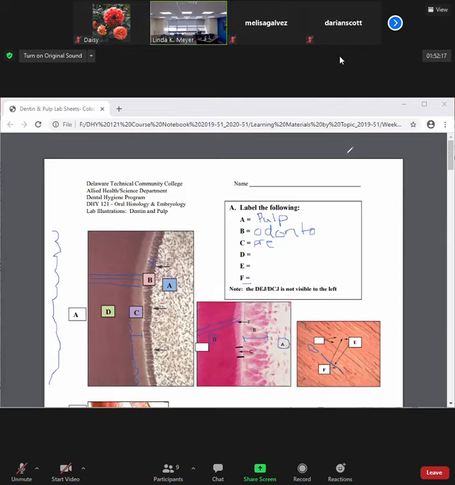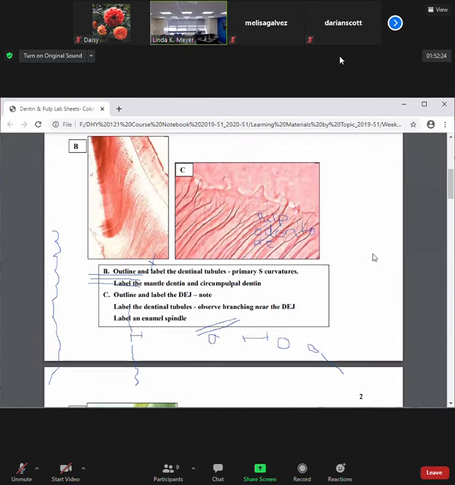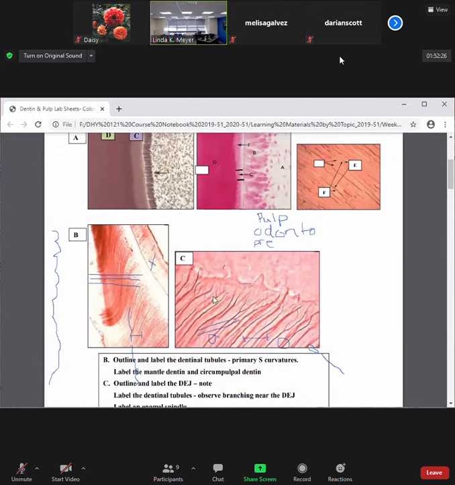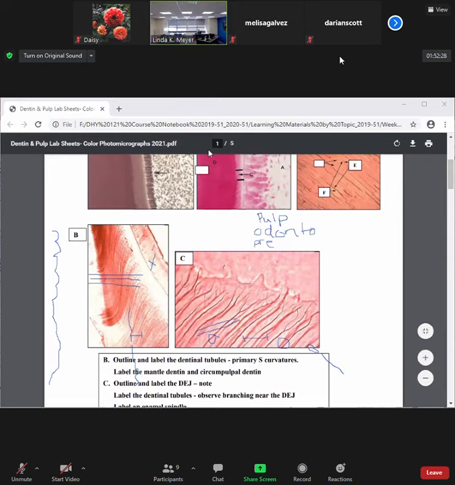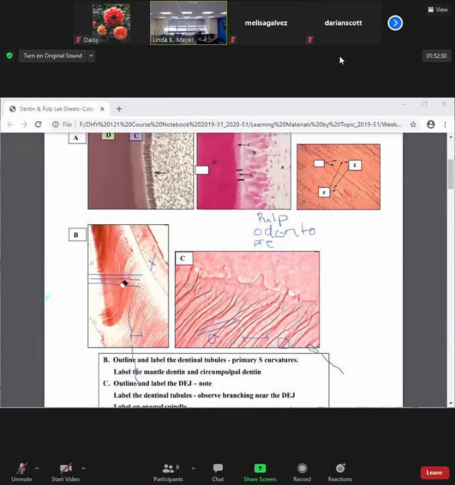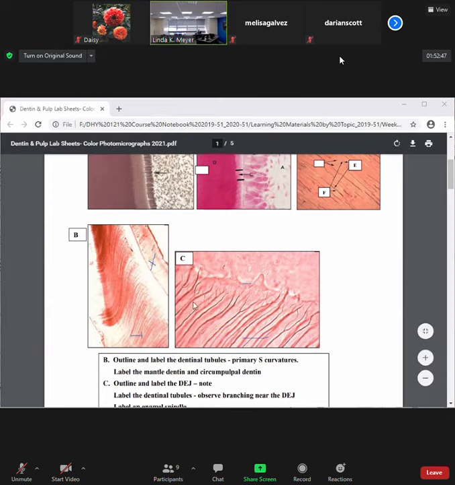So let's look now at the ground section under B and C. And what you're seeing, the ground section, again, it's on the left-hand picture, this shows us really nicely the S curvature of those dentinal tubules.